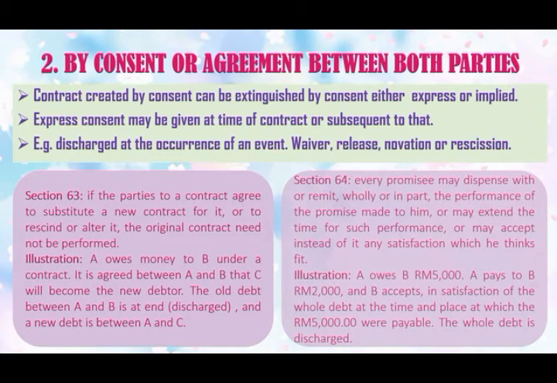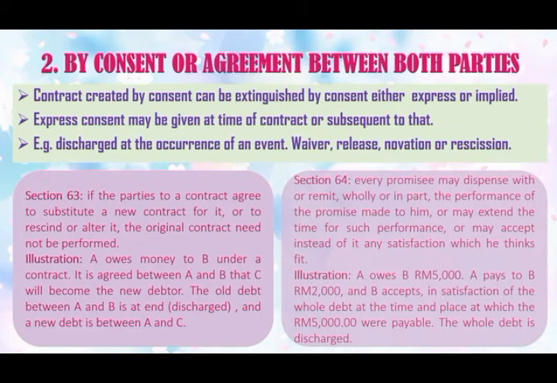Illustration: A owes money to B under a contract. It is agreed between A and B that C will become the new debtor. The old debt between A and B is at an end or discharged, and a new debt is between A and C. While in Section 64, every promisee may dispense with or remit wholly or in part the performance of the promise made to him, or may extend the time for such performance, or may accept instead of it any satisfaction which he thinks fit.